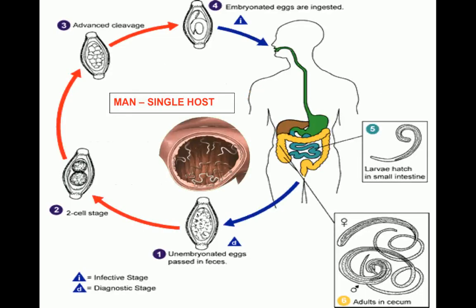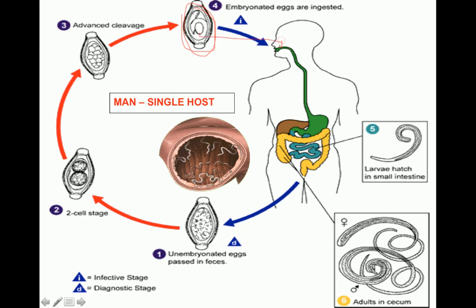The life cycle of this parasite is very simple. Man is the only host, and embryonated eggs which are passed in the feces are ingested with food or water by man.